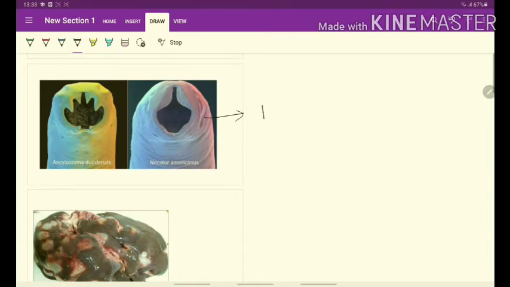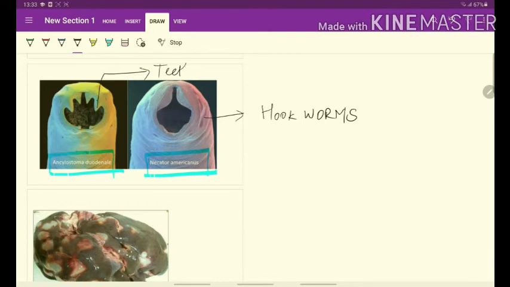And these are the images of the hookworms, Ancylostoma duodenale and Necator americanus. These are differentiated by the presence of the mouth parts. The Ancylostoma duodenale has teeth-like projections which are 6 in number, whereas the Necator americanus has plates which are 4 in number.